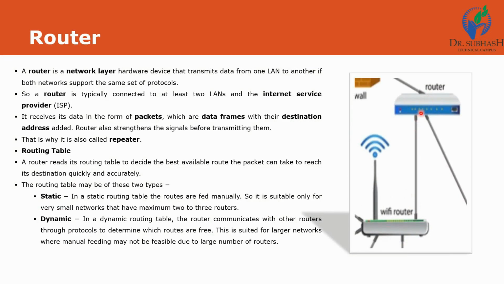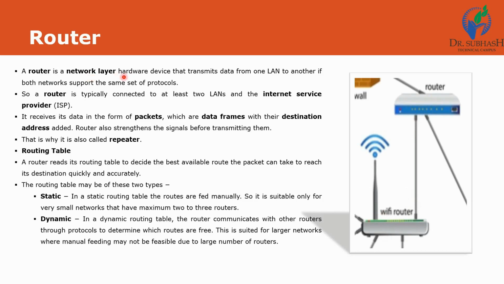What is the difference? A cable connected router cannot produce Wi-Fi signals, so you have to compulsorily connect your device using a cable. Now a Wi-Fi router will produce Wi-Fi signals, so that we can connect our devices using Wi-Fi signals.